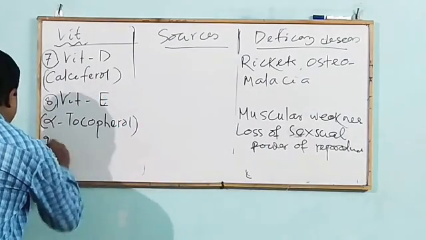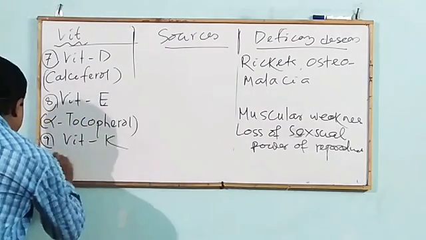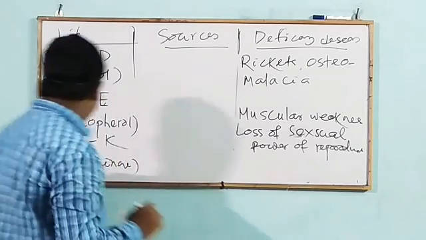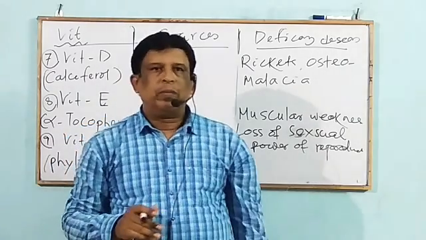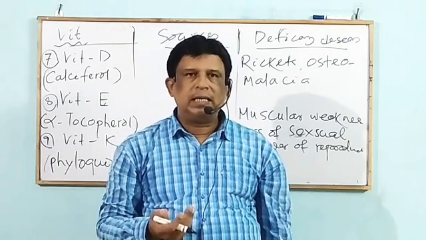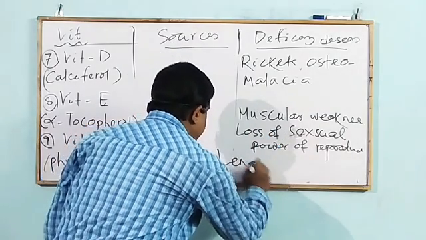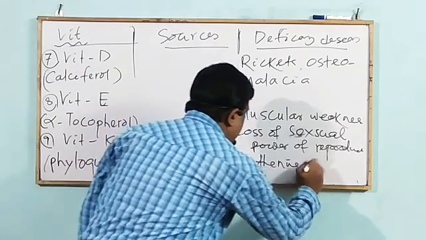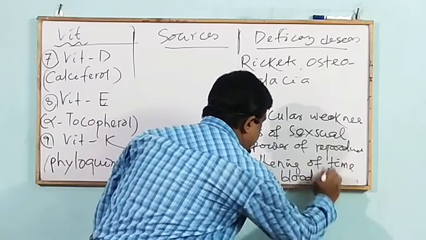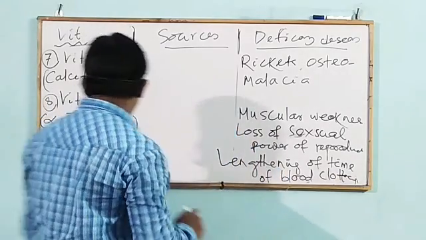The sources are leafy vegetables and carrot top, and the deficiency disease is lengthening of time of blood clotting. That is vitamin K.